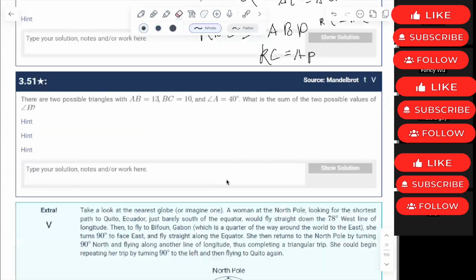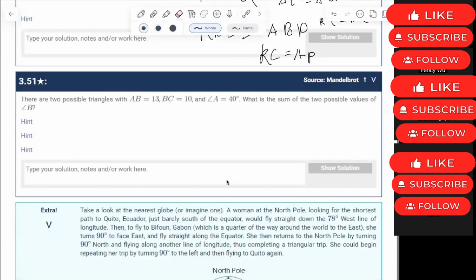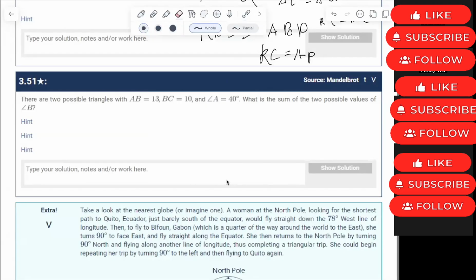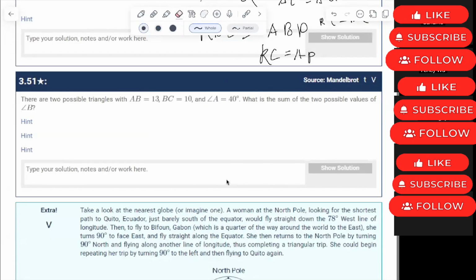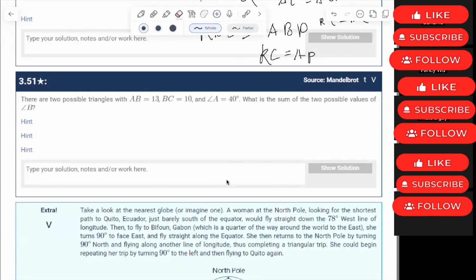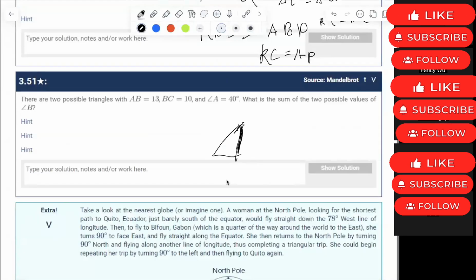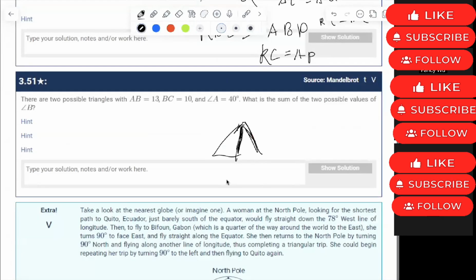Now also we're doing 3.51. I'll just do a quick overview, right? So we have two sides and an angle, all right? Two sides and an angle. And this is clearly just SSA. It's an example of why SSA doesn't work, all right? I won't do the full question, but I'll give you the answer.